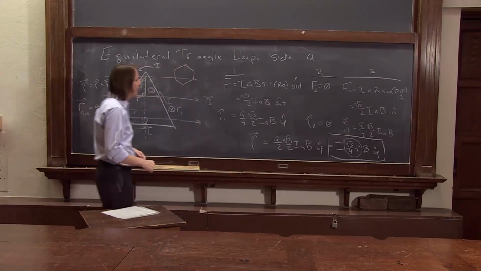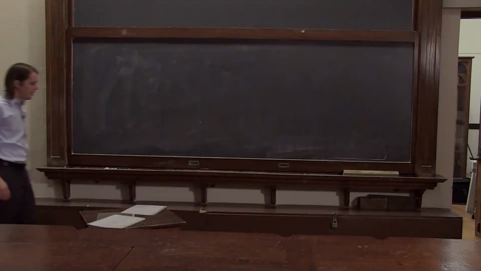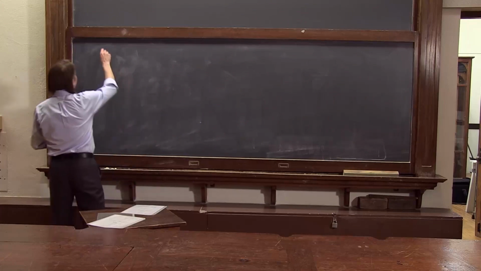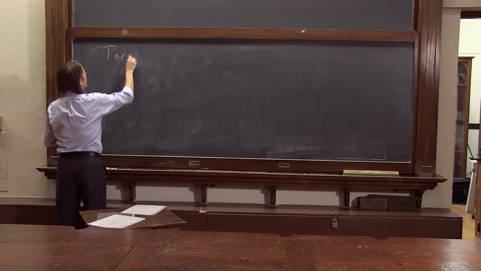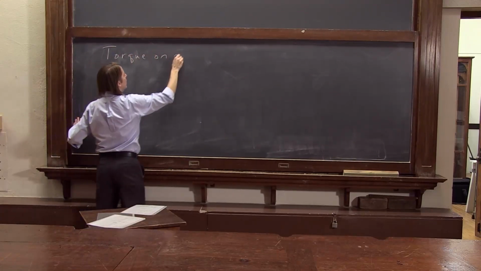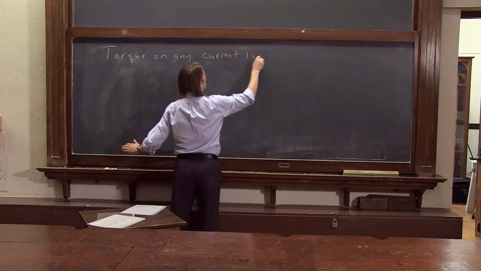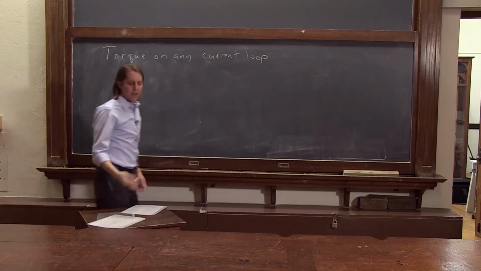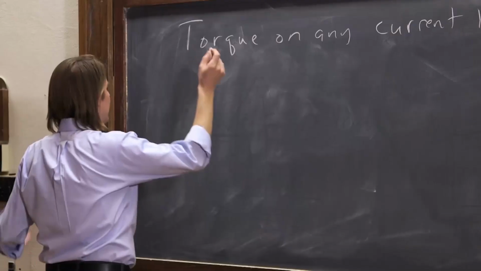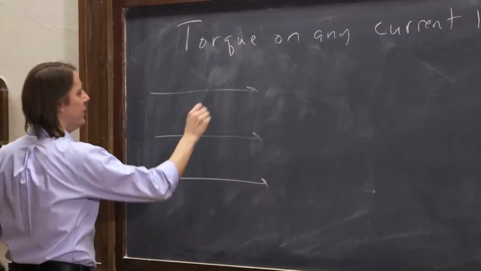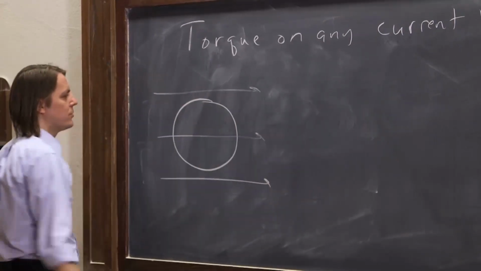So let's look at that a little bit more. The torque on any current loop, we can use the area to express it. So let's say, really any current loop. Let's just go ahead and do the simple one that you would first think about, which is a circle.